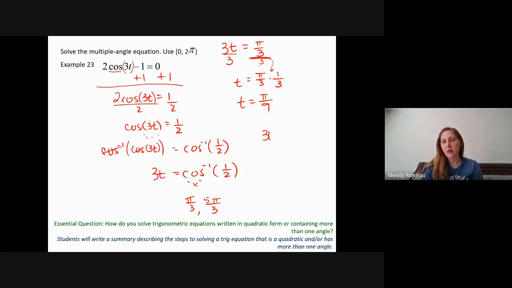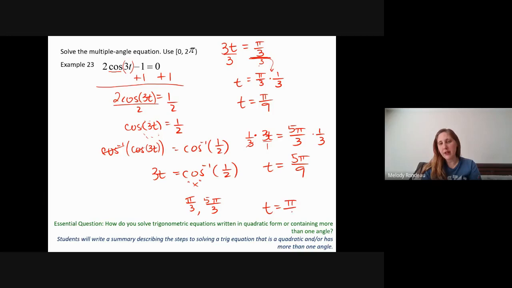And then the other one is just solve the other equation in the same way. Since I already saw that dividing by 3 was multiplying by 1/3, I'm just going to shortcut this a little bit and multiply both sides by 1/3. So here you can see the 3's cancel. I have t. On this side, I have 5 pi over 9. So t can be pi over 9 or 5 pi over 9.